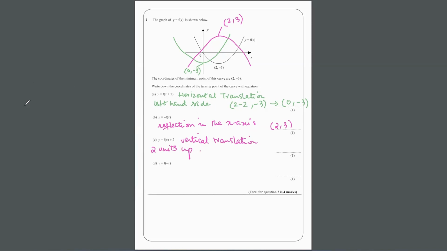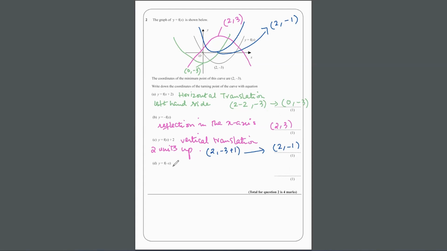So for 2 units up, it's going to be like this. So that would be 2 and -1. Because now we're adding 2 directly to the y value because it's a vertical translation. So it's 2, -3 plus 2, which is 2, -1.